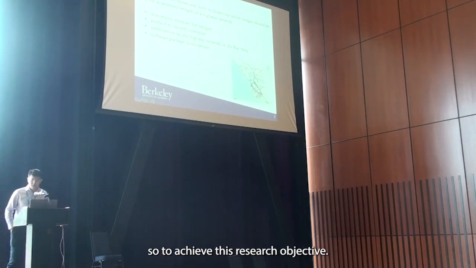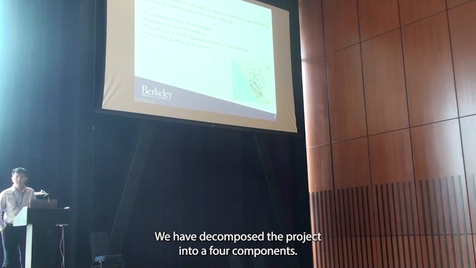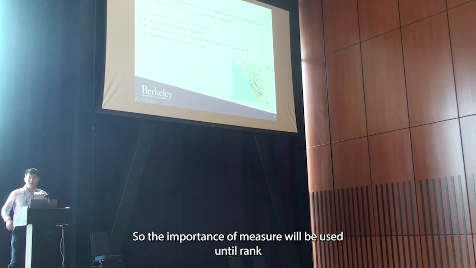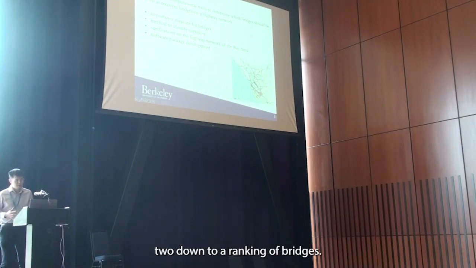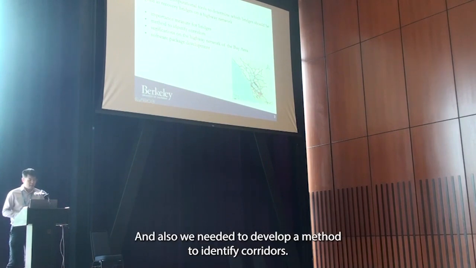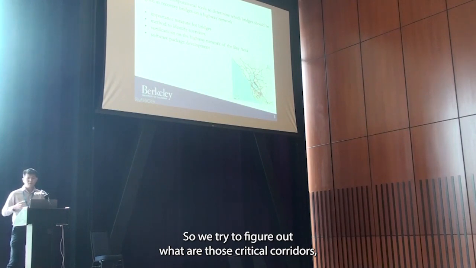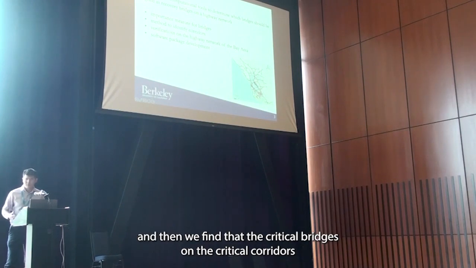So to achieve this research objective, we have decomposed the project into 4 components. We needed to develop an importance measure for bridges, which will be used to rank the bridges. And we needed to develop a method to identify corridors. The idea is that we might have a multi-scale decision-making process: we figure out those critical corridors, and then we find the critical bridges on the critical corridors.